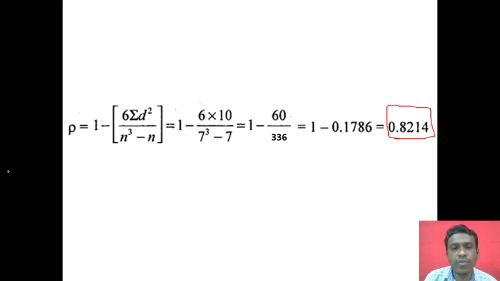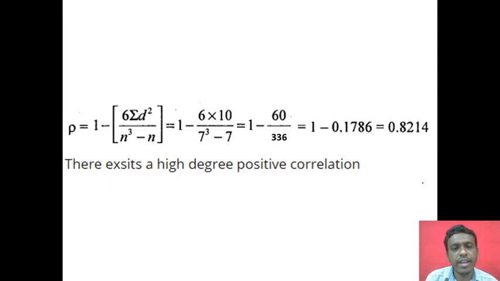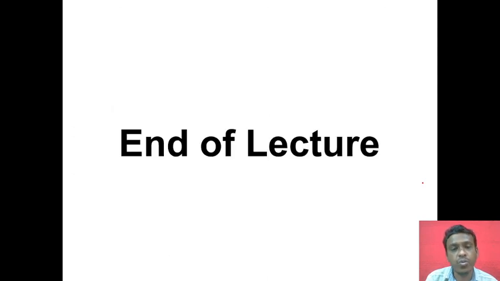That is, the value of rho, the coefficient of correlation, is 0.8214. So what should be the comment? The comment should be: it shows a very high degree of positive correlation, or a high degree of positive correlation. So there exists a high degree of positive correlation.